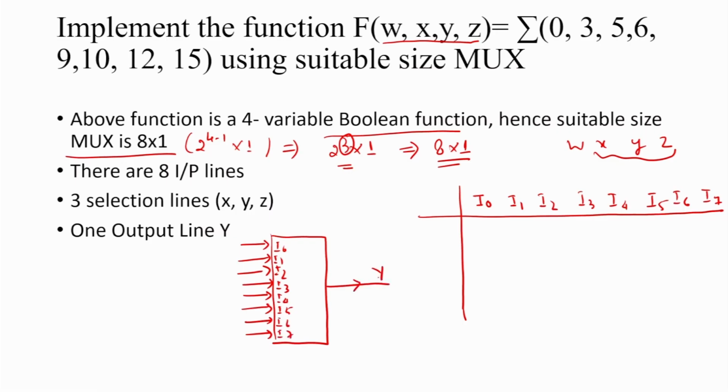This is the output y, and 3 lines are used as selection lines, because this is an 8 cross 1 mux.